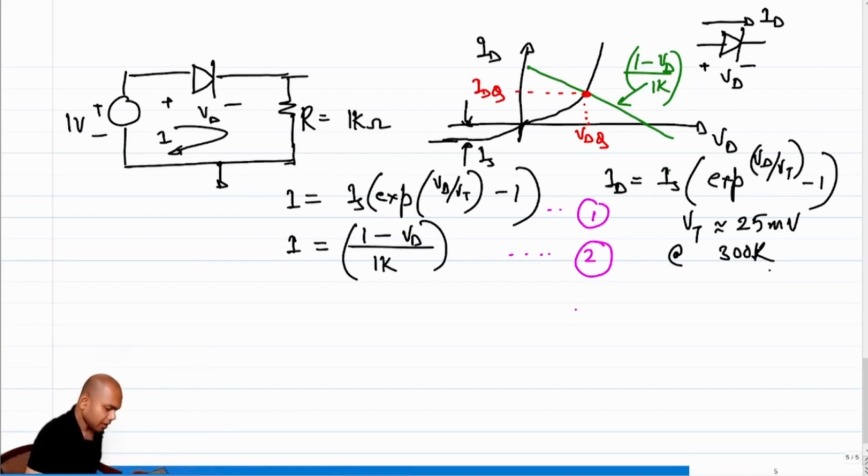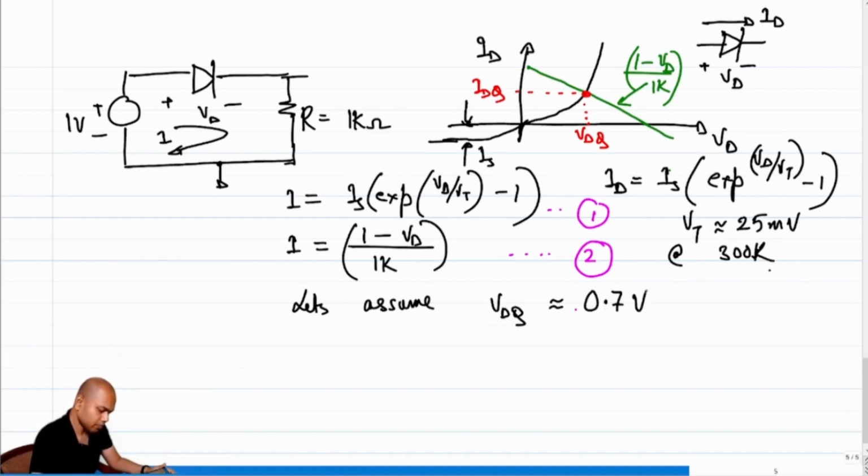Right? Okay, so I can do all these things, and let's say I have done that, and I have found that, right? So let's assume VDQ is approximately equal to 0.7 volts, right?